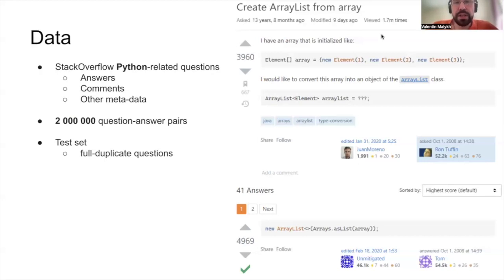Regarding the data, you see the Stack Overflow screenshot to the right, and this is the data we have been working with. There are 2 million question-answer pairs for Python related questions, and these questions actually contain several things. These are the questions themselves, and we use the question description to work with.